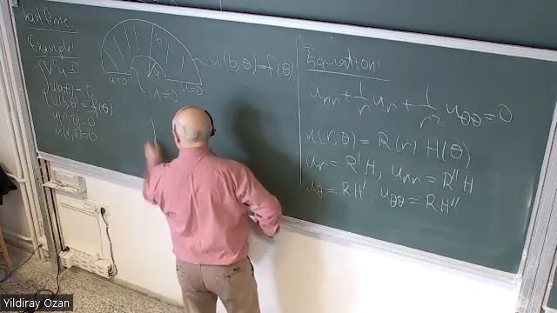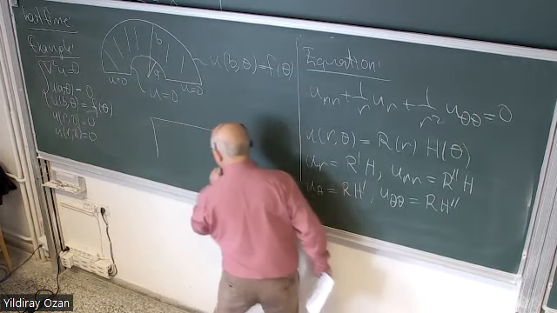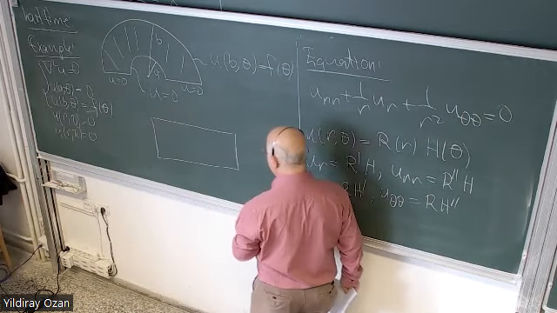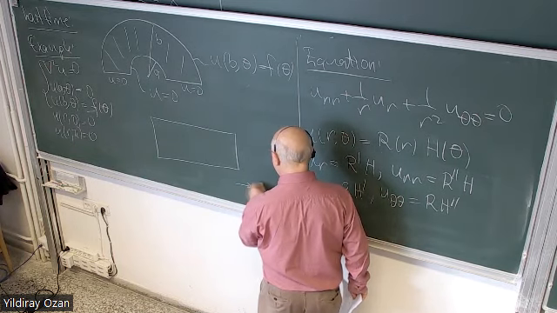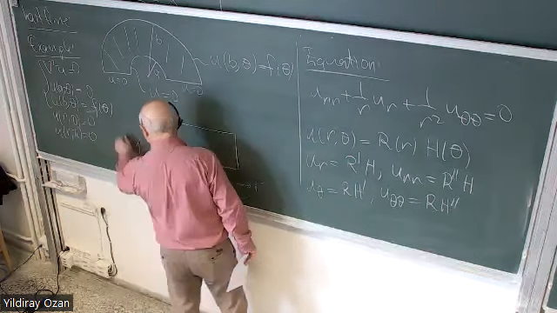By the way, let me draw the region in the r theta coordinates also. So let's say this is r and this is theta.